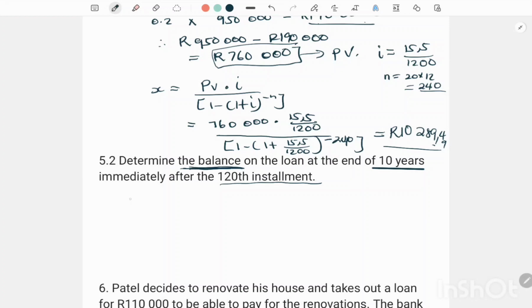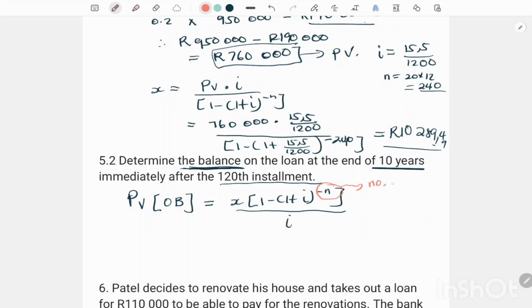Outstanding balance is the same as PV, but it's the outstanding balance, the OB, is equal to x times 1 minus (1 plus I) negative n over I.